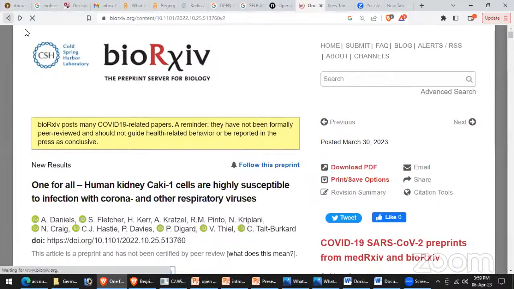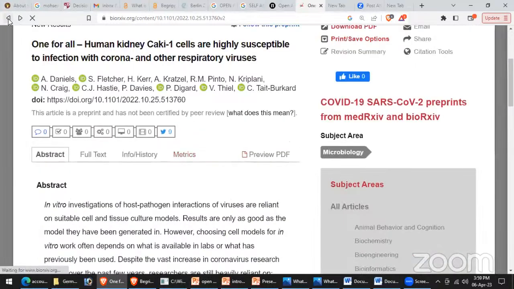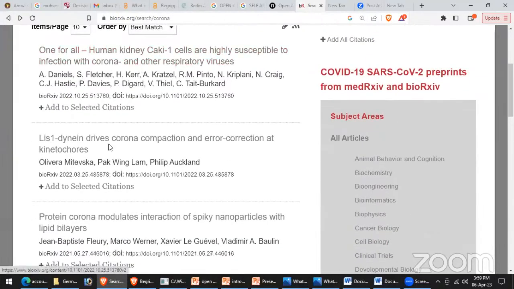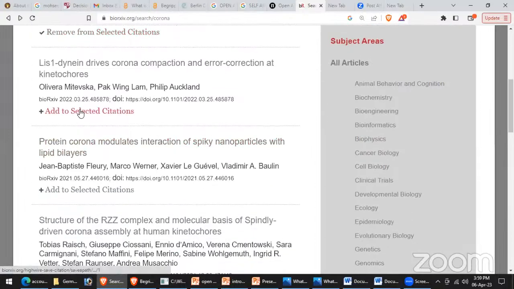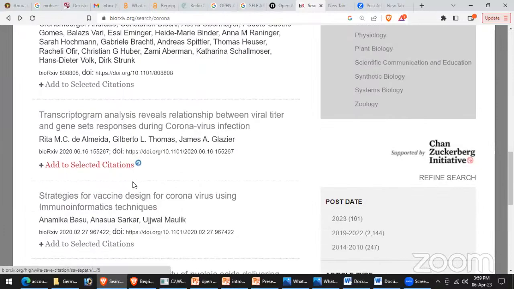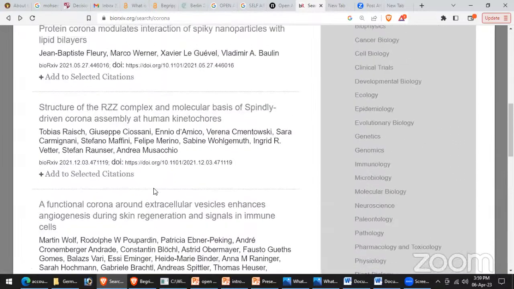And one more thing. If I'm accessing this, I'll go back again. See here, I found this paper to be interesting. So what I can do is add to the citation. So I'm clicking it, right? Okay. And here, again, I want a second paper, and I'm scrolling down. I can find a fourth paper also, as I can go for many papers.